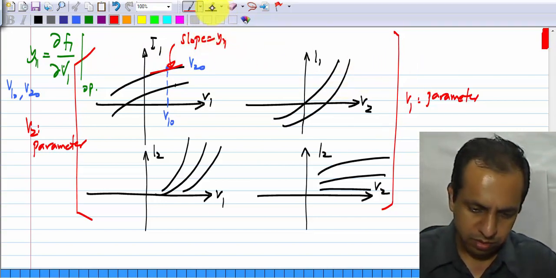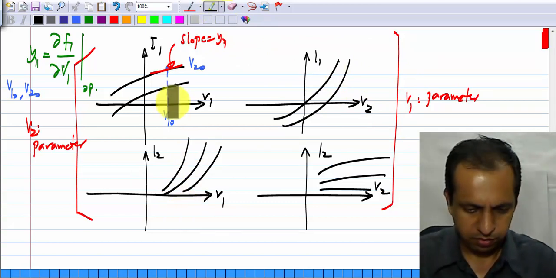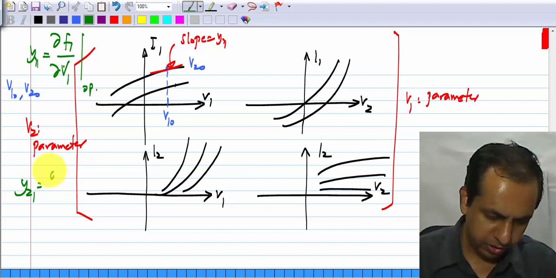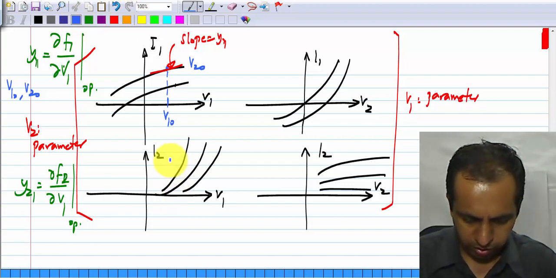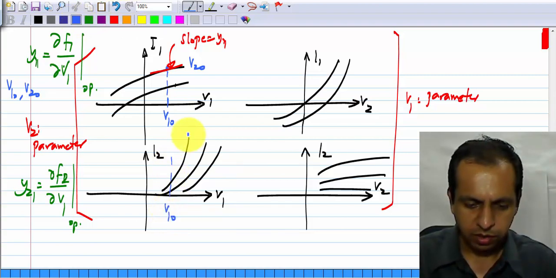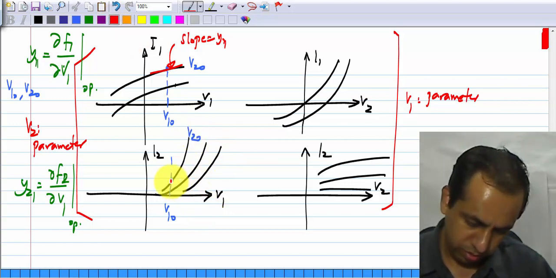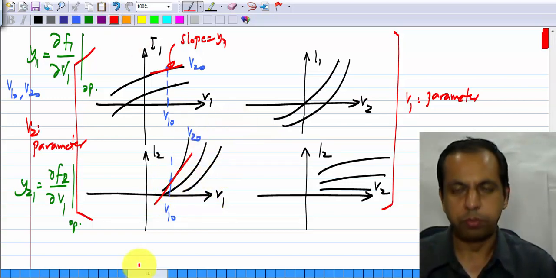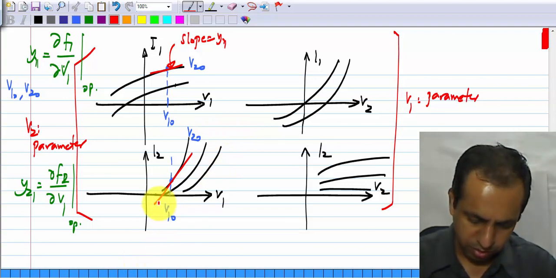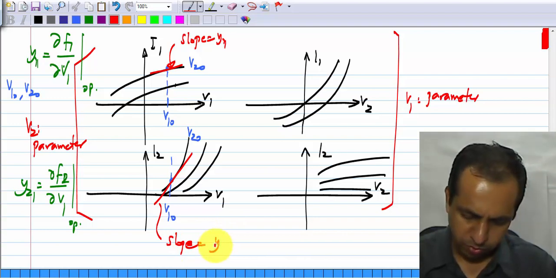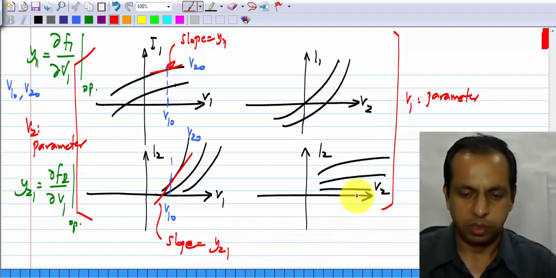Similarly, on this curve, we know that y21 is dou f2 by dou v1 at the operating point. You look at where v1 0 is, you pick the curve corresponding to v2 0 and the slope at that point equals y21.